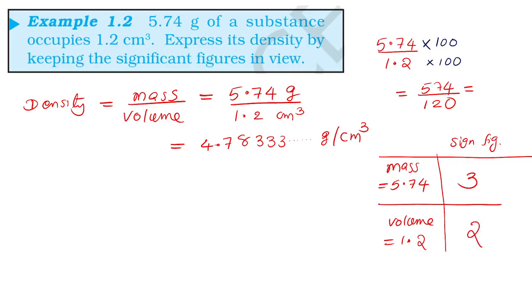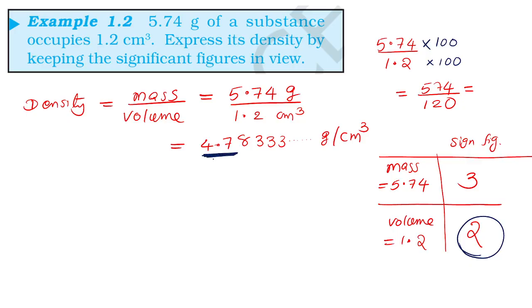So the final answer will have 2 significant figures. The minimum of 3 and 2 is 2. So the final answer must have only 2 significant figures.